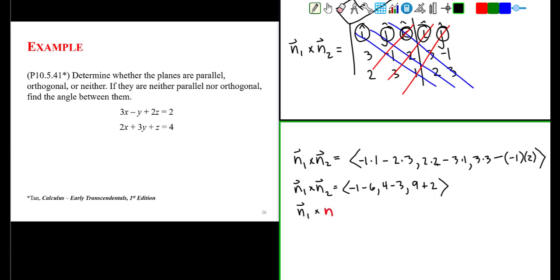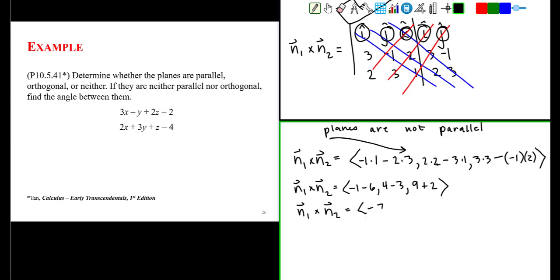I can see already without evaluating this, and really I've known from this line that the planes are not parallel. The reason why I know the planes are not parallel is because we have at least one non-zero component to this cross product.